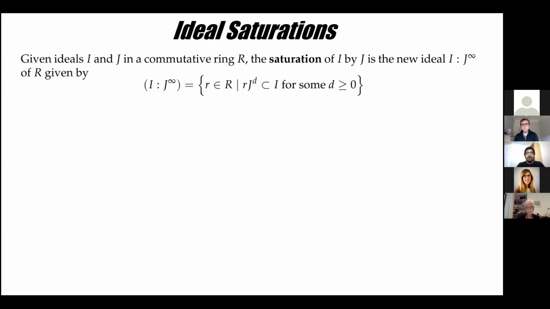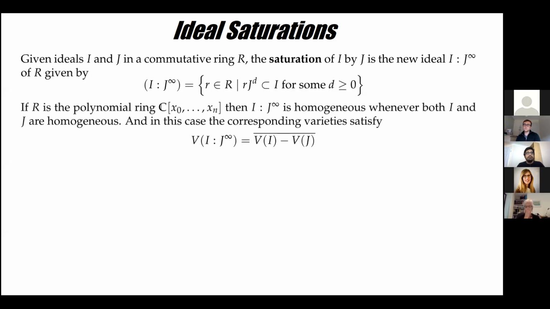So if you have two ideals I and J in a commutative ring R, then the saturation of I by J is this ideal, with the hideous notation I colon J to the infinity, which consists of all r such that if you multiply r with a product of d things in J, then you'll end up in I. We're not interested in arbitrary R, we're interested in a commutative polynomial ring.